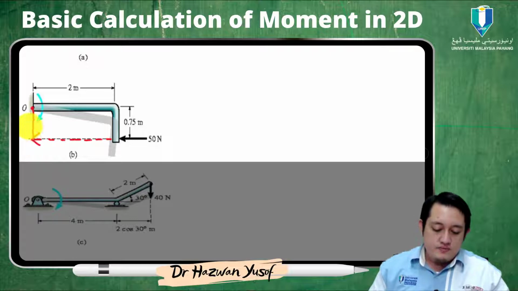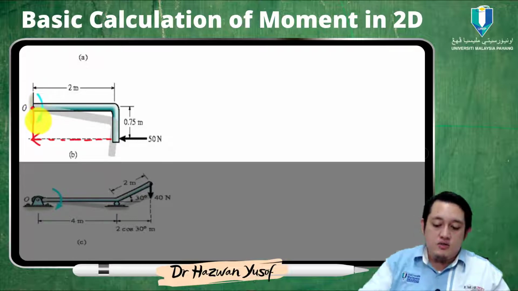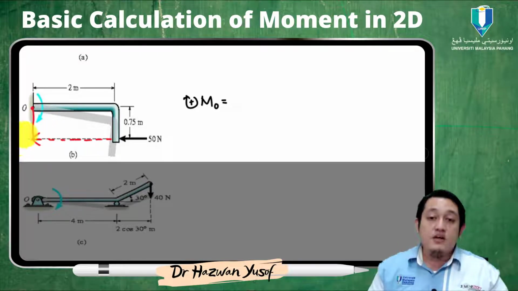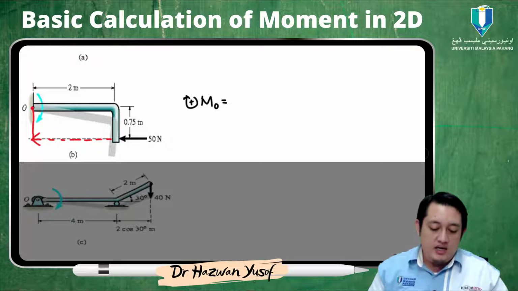Now, if you look closely here, we want to assume clockwise rotation to be positive. Moment at O. The direction of the force is like this, so it will rotate like this, which is a clockwise rotation.